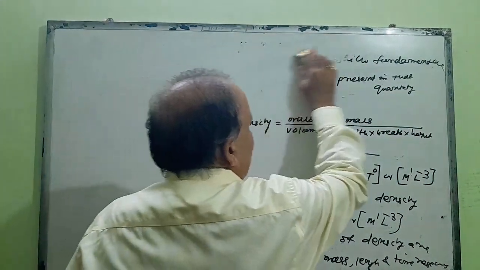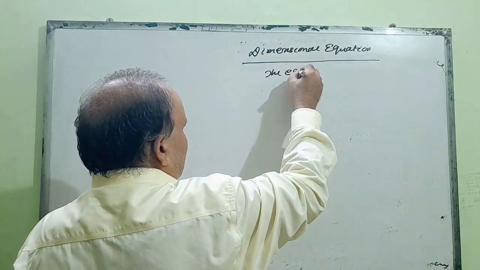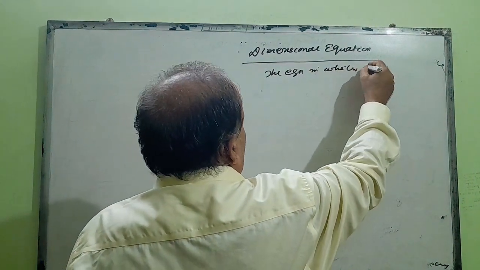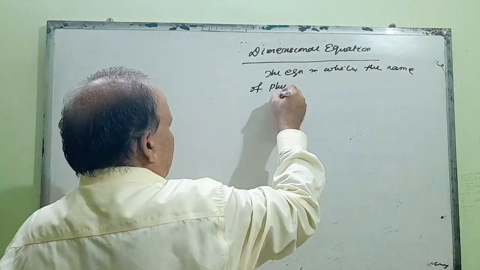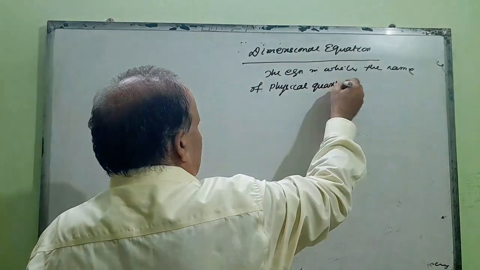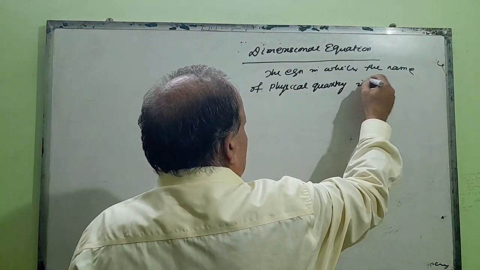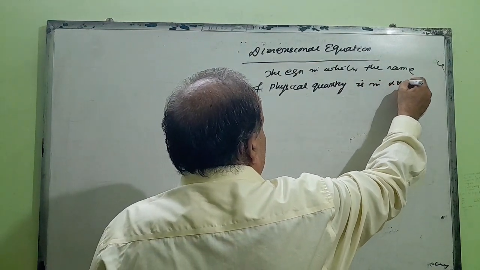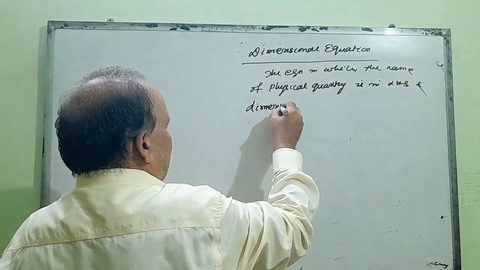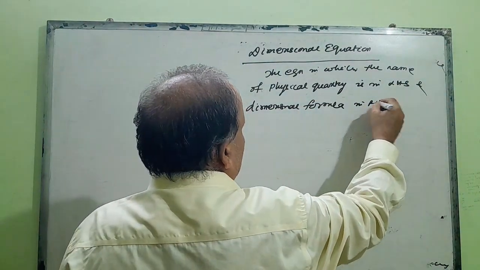What is dimensional equation? The equation in which the name of the physical quantity is in LHS and dimensional formula in RHS.